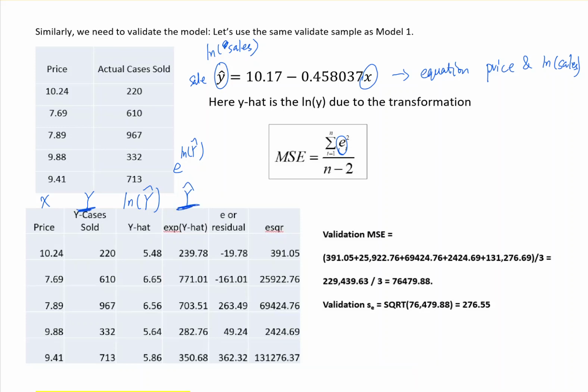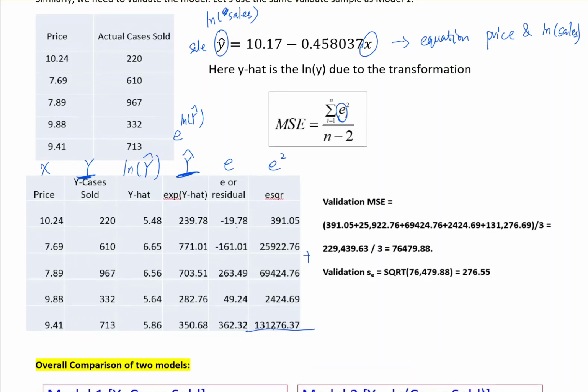Y minus y hat will be the residual, so we use 220 minus 239.78, which is this for each observation, and then everything will be the same. You get the residual for this column, and then you have the squared residual for this column, and then you sum together, you will get 229,439.63.